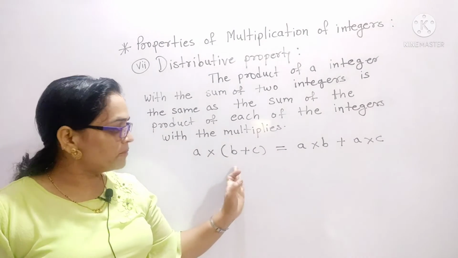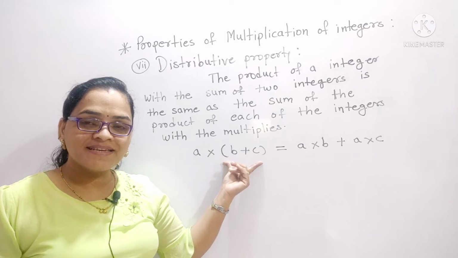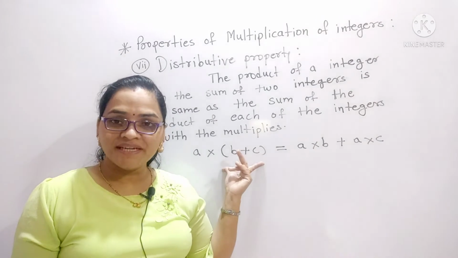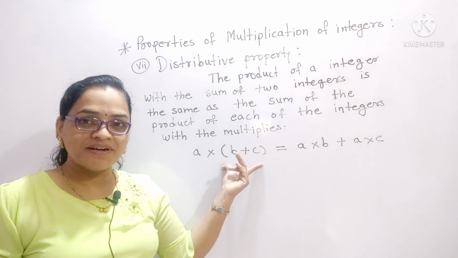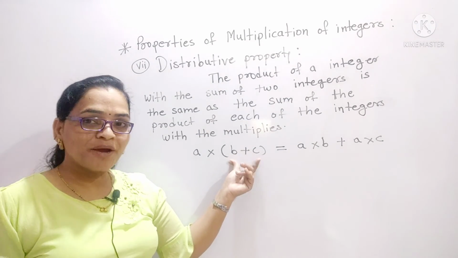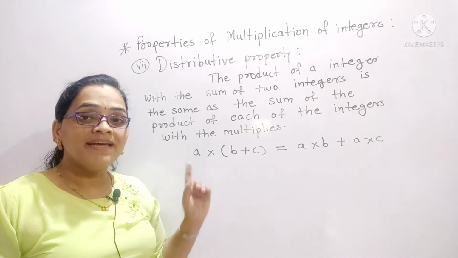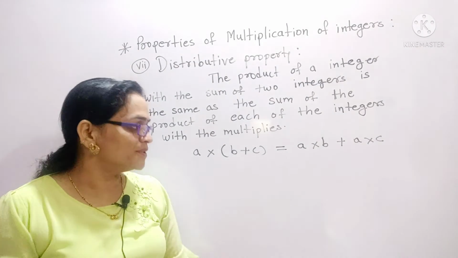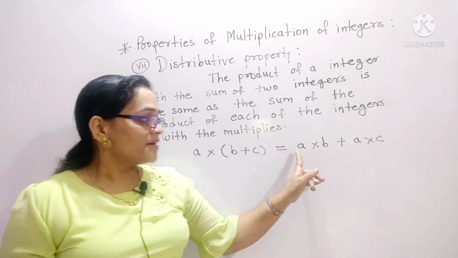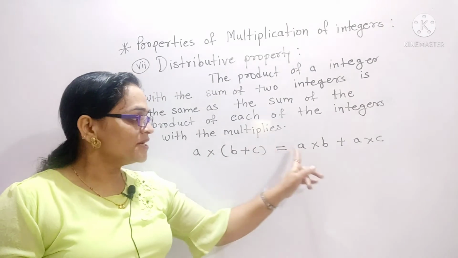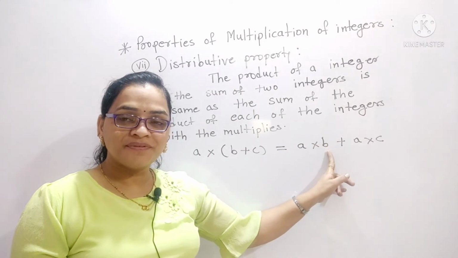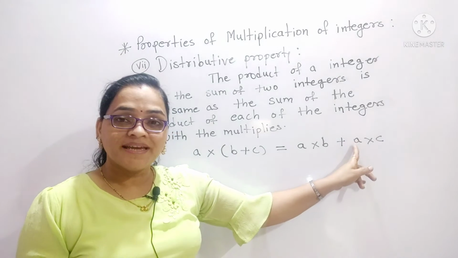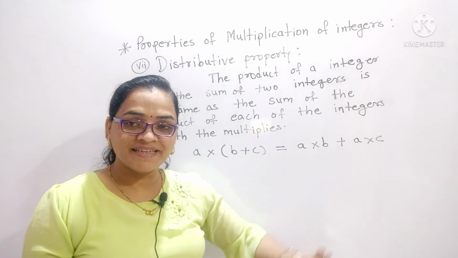See, a into b plus c. b and c are the two integers. We have to find the sum first, and then multiply the sum by a. Then the product we get is equal to a, the multiplier, into the first integer plus the multiplier into the second integer.